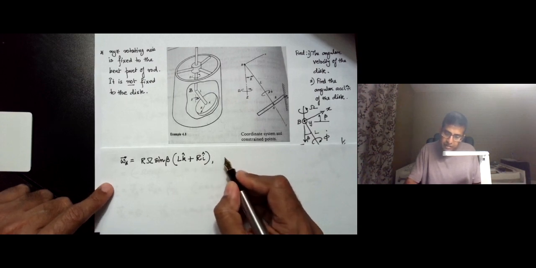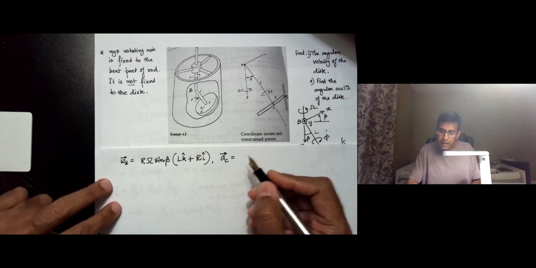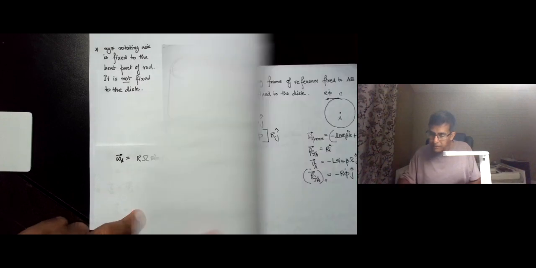And the other vector that is of interest is the acceleration of the point C, and the acceleration of the point C, that is this point of contact, is given by the following expression.